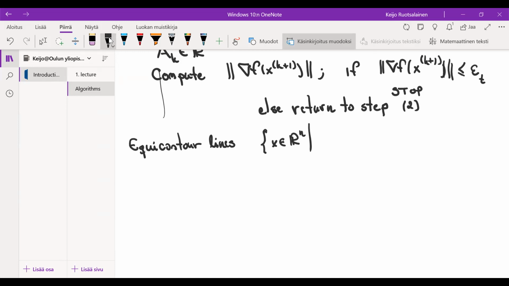Or actually surfaces. So the lines where the function gets the constant values.